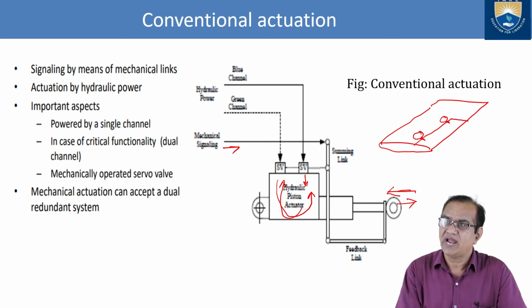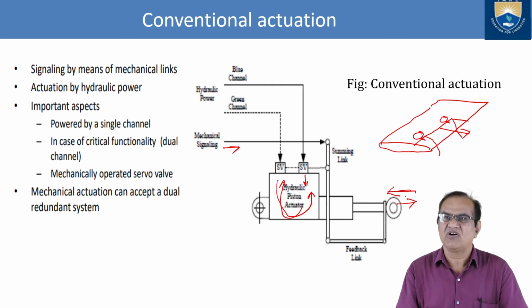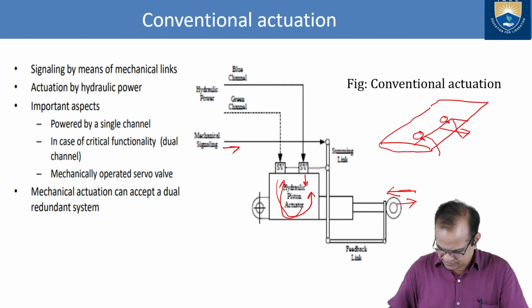So it will move and it will go like this or like this. As per the rotation of this, the aileron, flaps, rudder, elevator, all will move. So this type of system is called conventional actuation, and this type of system has been used from a very long age.